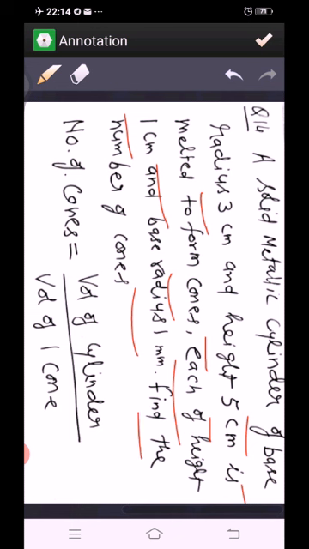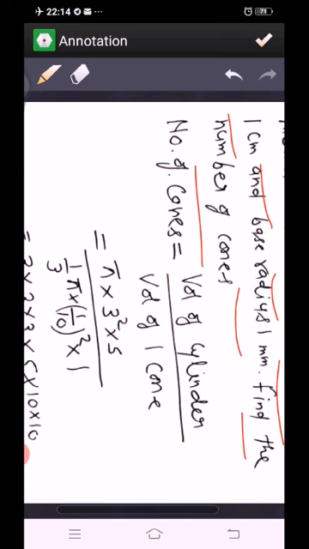Find the number of cones. Cylinder is melted and cones are made. So, total volume of cylinder will be equal to the volume of all the cones. It means number of cones will be volume of cylinder upon volume of one cone.